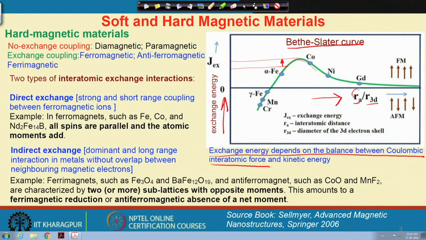Let us think about pure alpha iron, and then we add, let us say, cobalt into it. Then we can calculate the interatomic radius as well as the 3d orbital shell diameter, and then we can estimate that.